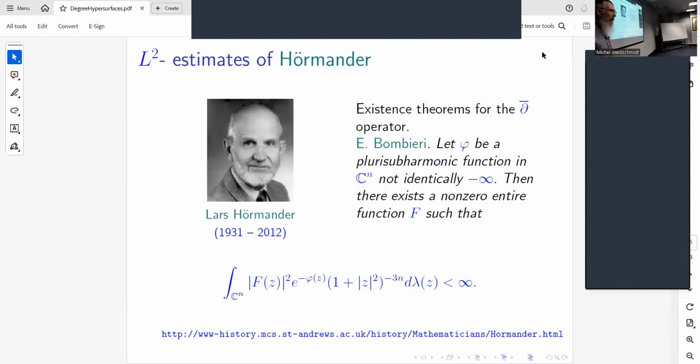We just need to know an example, and the logarithm of the modulus of a polynomial is plurisubharmonic. So if we take for phi the logarithm of the modulus of the polynomial p of z, we can approximate the modulus of p of z by f of z squared. So we approximate by taking an entire function.